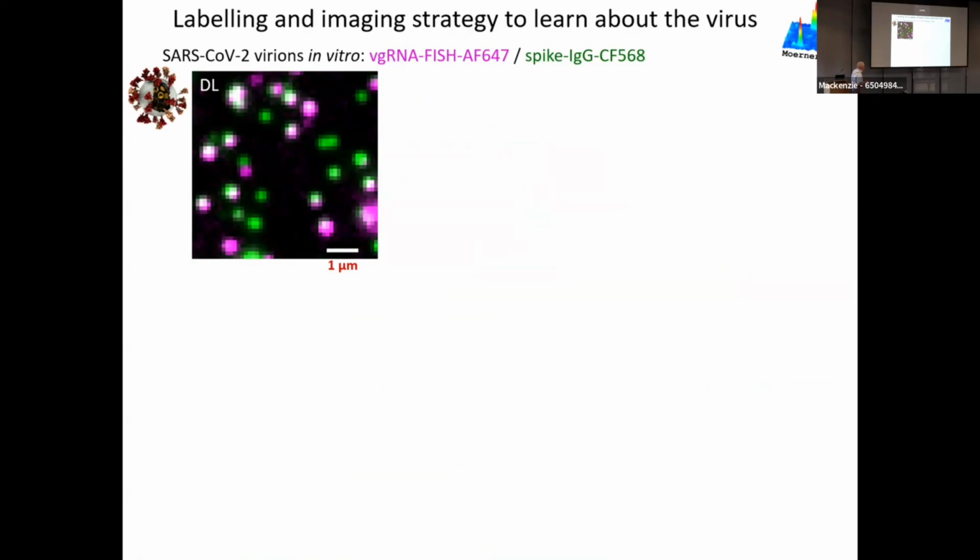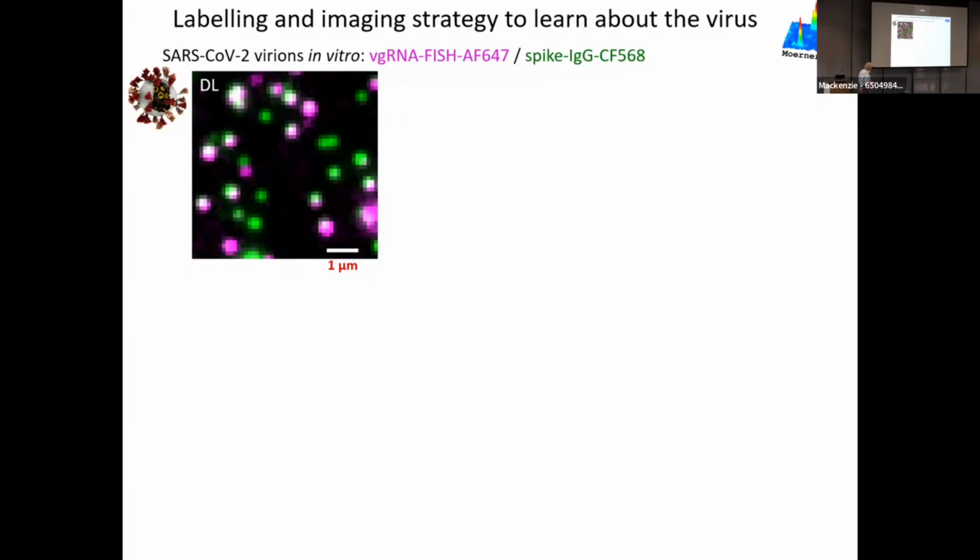And now we're going to label, of course. We can label the viral genomic RNA with FISH, fluorescence in situ hybridization, given with a blinking dye, Alexa Fluor 647. So one of these dyes that blinks, it gives you super resolution, okay? So now I'm switching away from fluorescent proteins to dyes, which actually are better blinkers than EYFP, but anyway, that's what you want to do, go to the better ones.